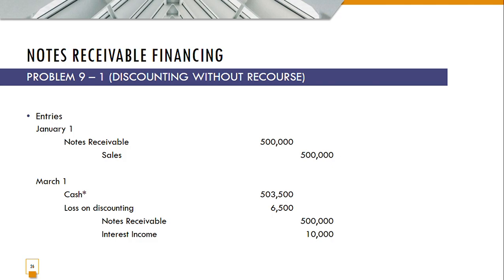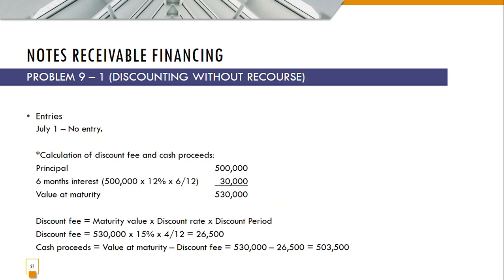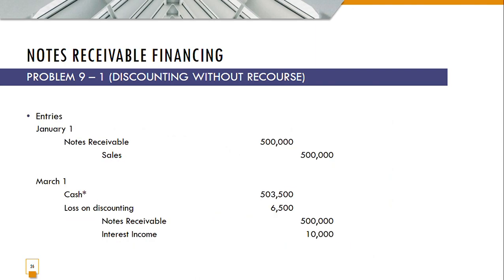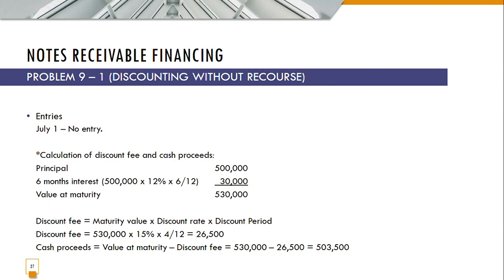So the notes receivable is essentially derecognized, and an income of 10,000 is recognized. This is for the 2 months from January 1 that you have already earned, but have not yet collected. On July 1, when the customer paid the bank in full, there is no entry.